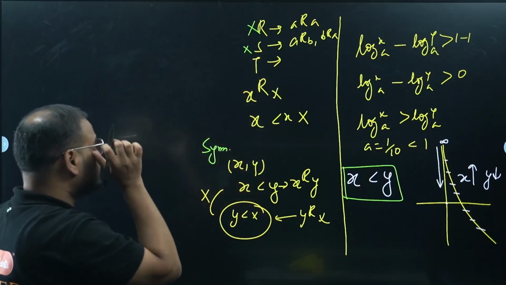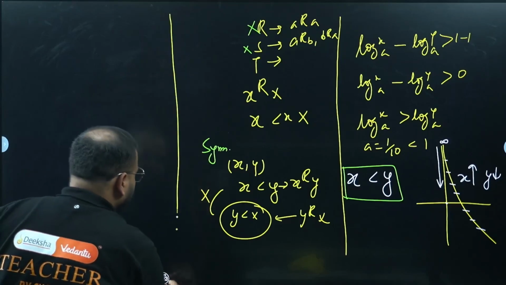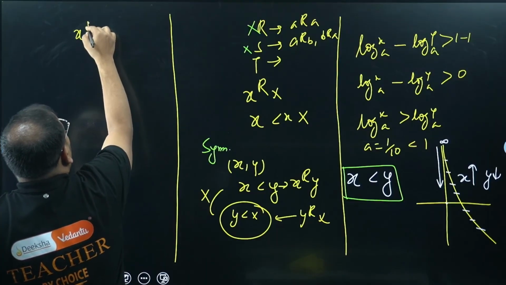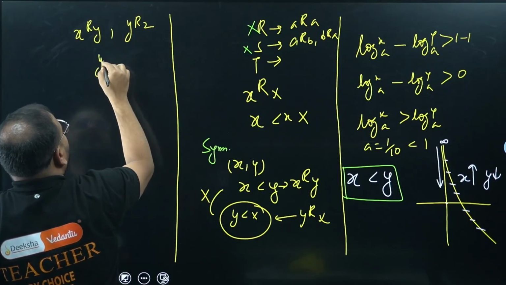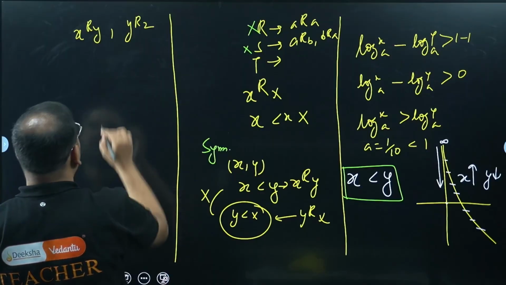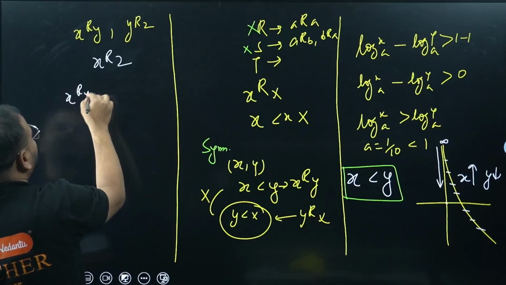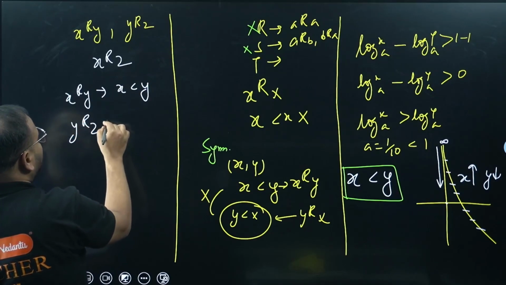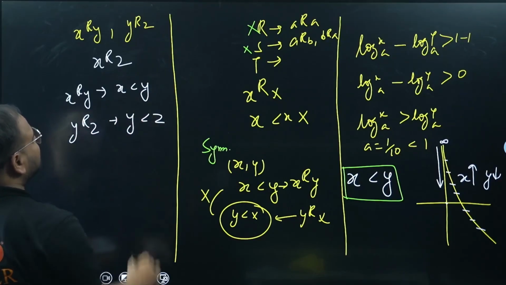What about transitive, sir? What was transitive? x R y, y R z, then x R z has to be true. So write for x R y. What is my x R y going to say? X less than y. And y R z will be y less than z.